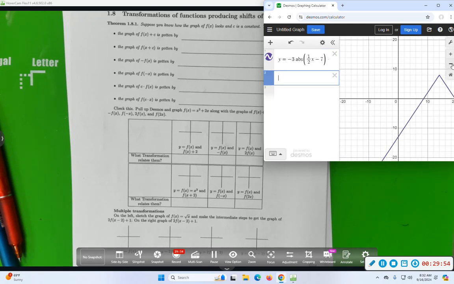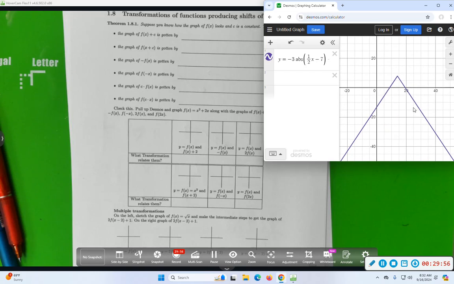Tell me really vague things. How does that graph compare with the absolute value function? It's upside down. Upside down? Looks like it's also been shifted a little bit. Maybe it's also been stretched some, but that's hard to see at this scale. It's not so huge a stretch.